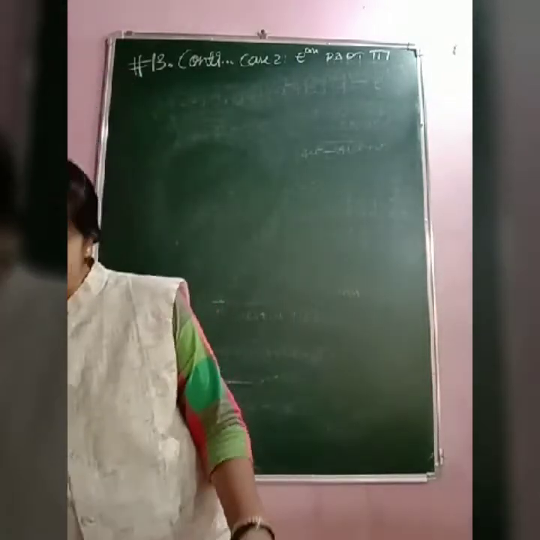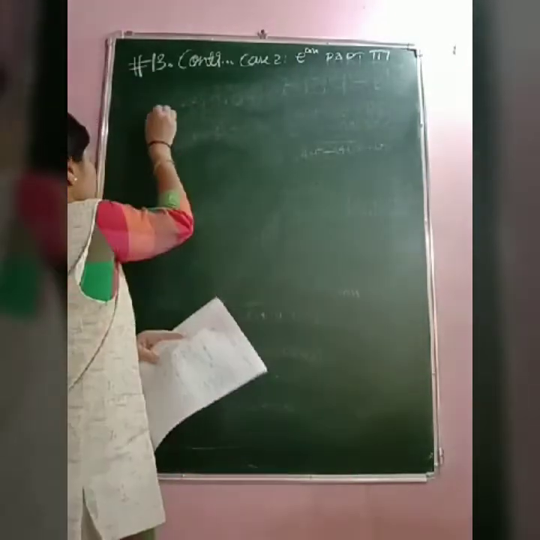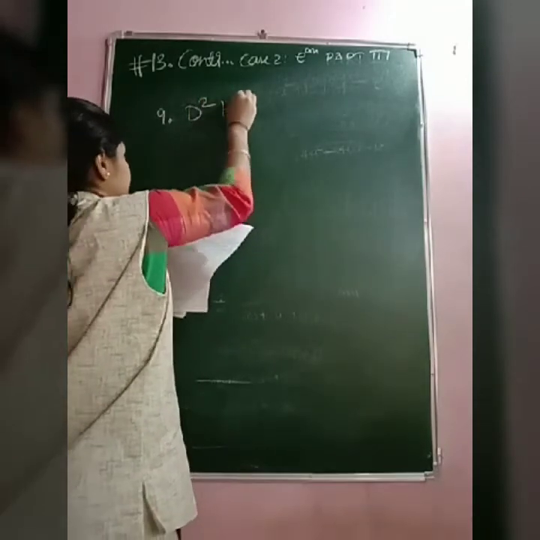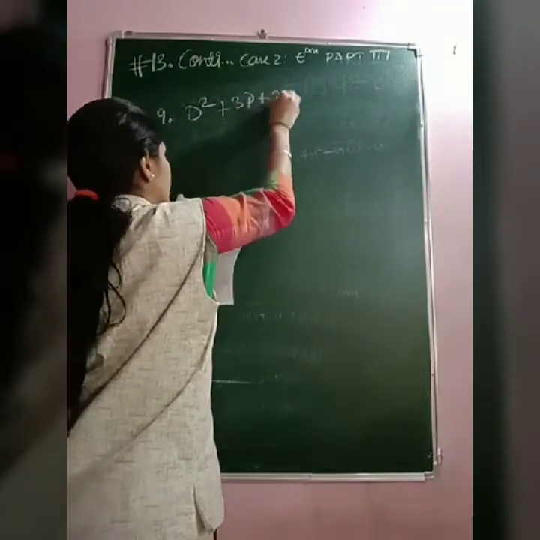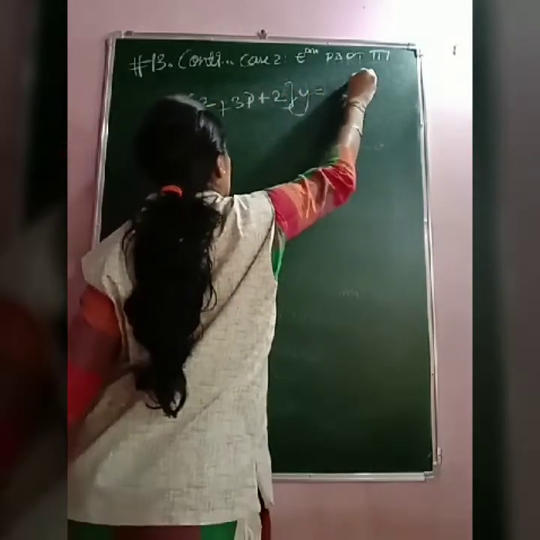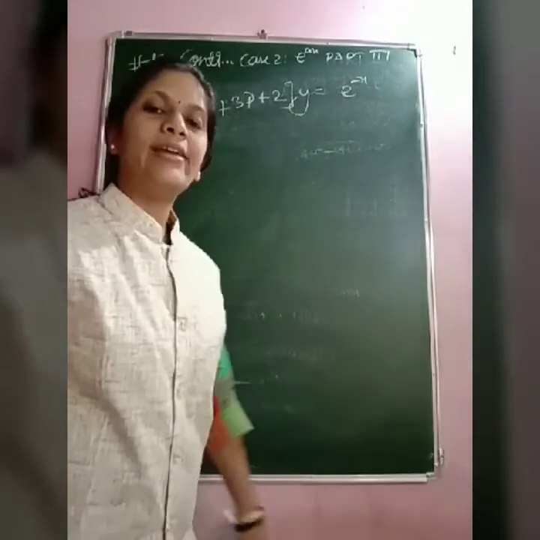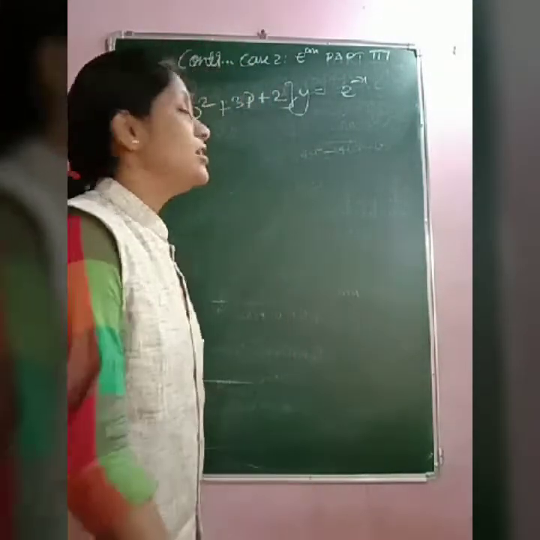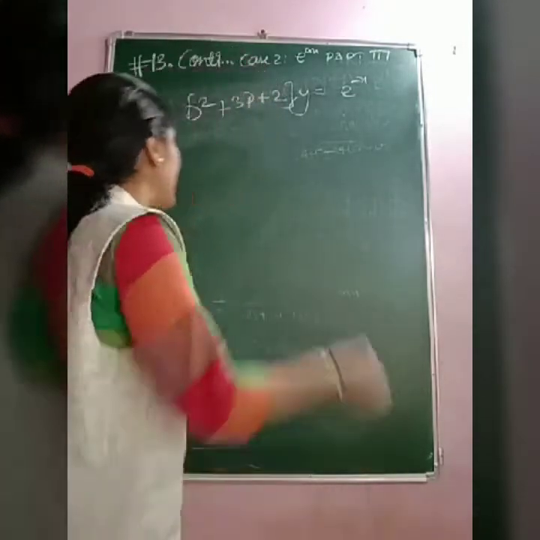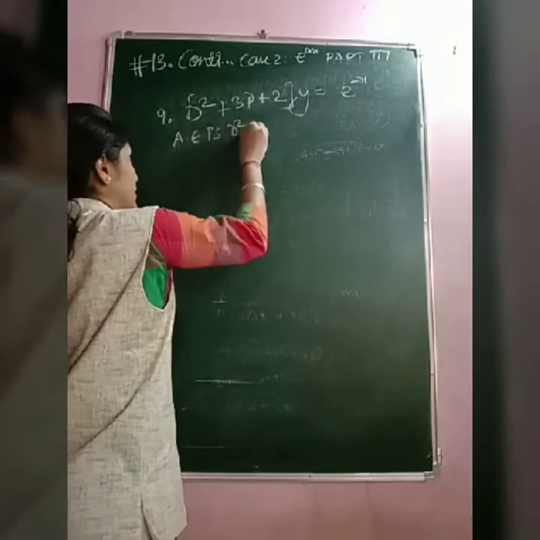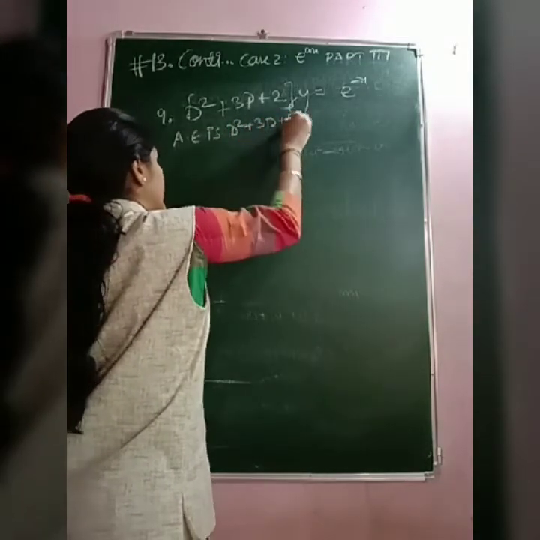So the 9th question has been given as: solve (D² + 3D + 2) y equal to e^(−x). So again, directly e^(ax), the value of a is nothing but −1. So the complete solution is CF plus PI. The auxiliary equation is D² + 3D + 2 equal to 0.